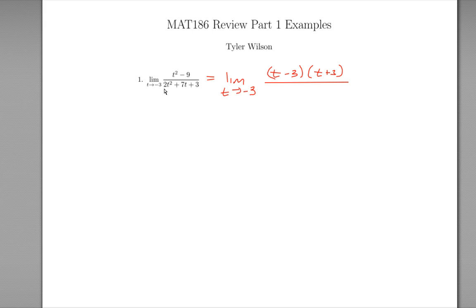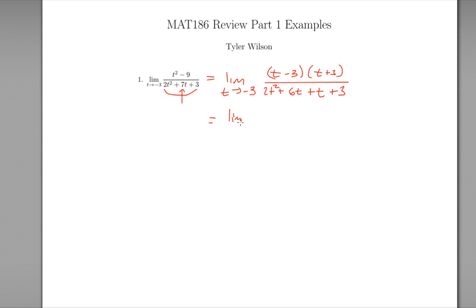What we're going to look for is two numbers that multiply to be 6 and add to be 7. So two numbers that multiply to be 6 and add to be 7 are 6 and 1. So we're going to separate this into 2t squared plus 6t plus t plus 3. So we're just separating that 7t into 6t plus t.